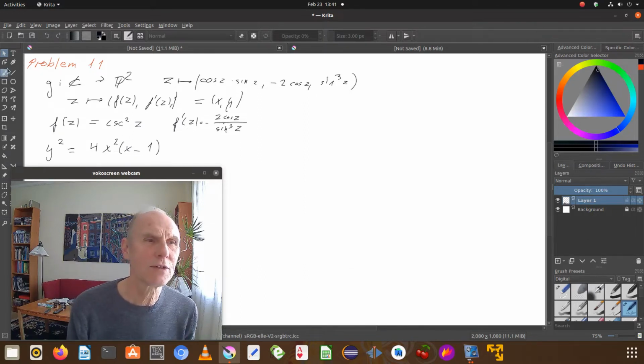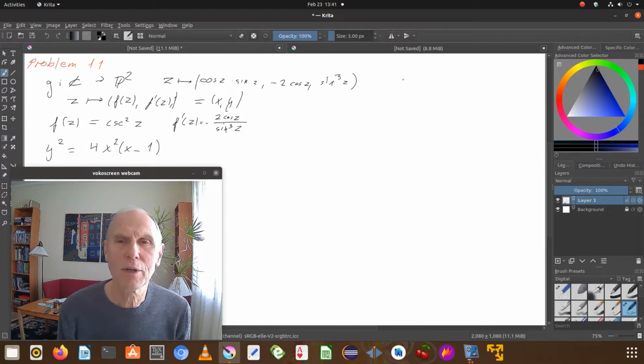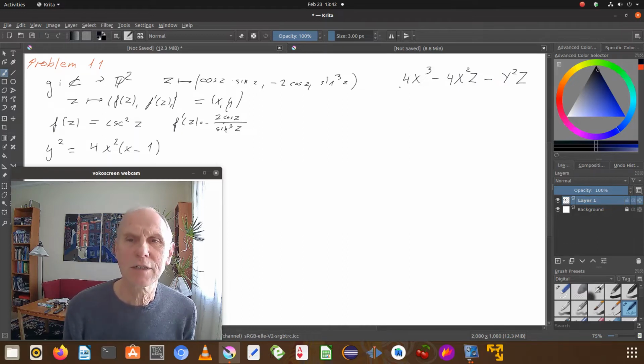We should write it as a projective equation as well: 4x to the third minus 4x to the second z minus y squared z. So that's the projective closure. So we can hit naught by using pi half. Yeah, so maybe it is.